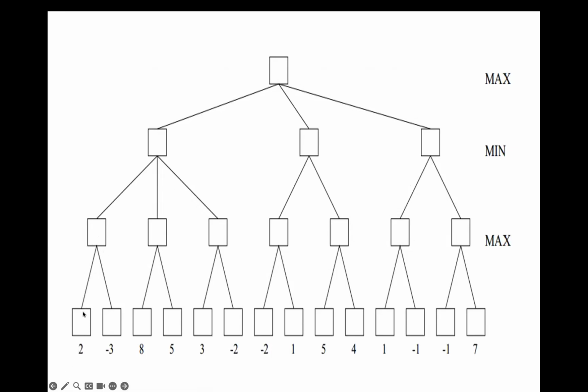So at this point, we don't know what is here, because remember, depth first search will take us like this, where we have max, min, max. So each player is taking turns. Now, having taken turns, we are here. The next part, we look at what is the highest value we have seen so far on the maximizing level.